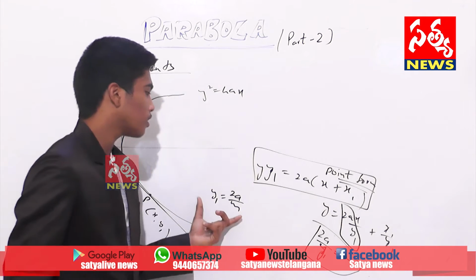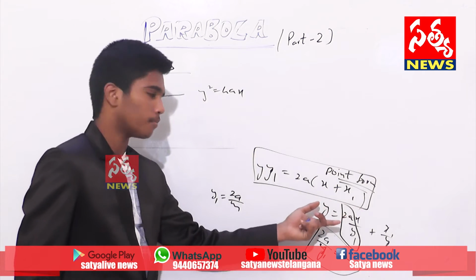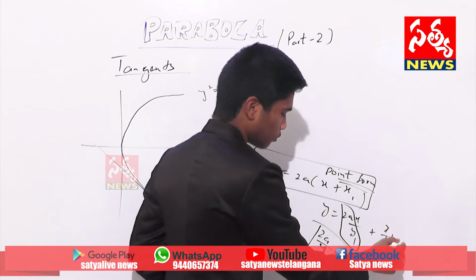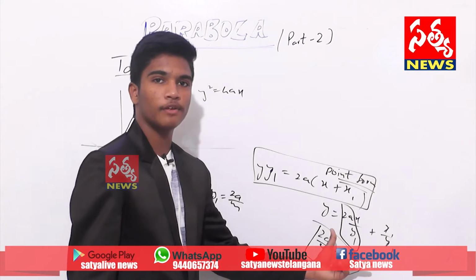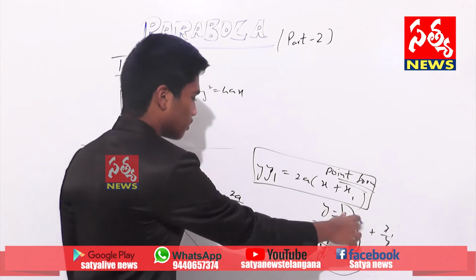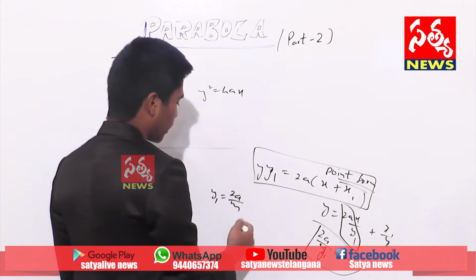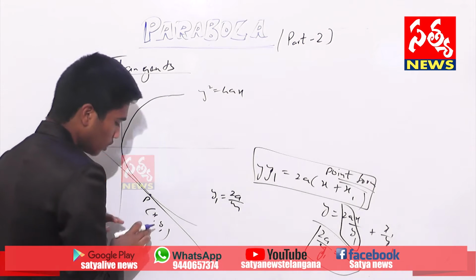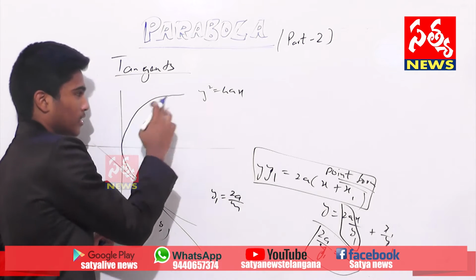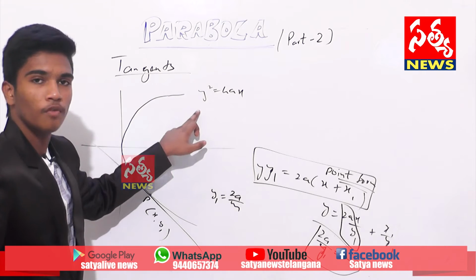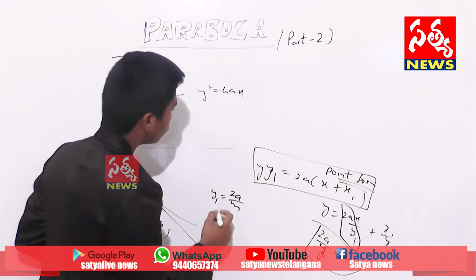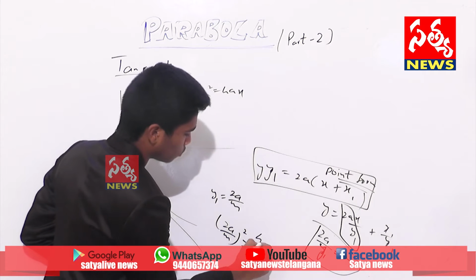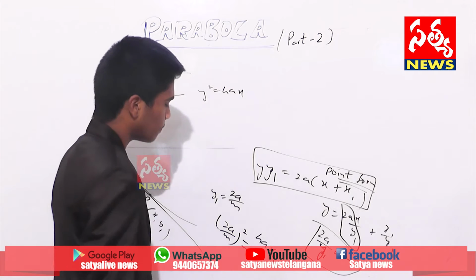Now I am deriving the slope form from the point form. From here only, right, we got y equals 2a x by y1 plus x1 by y1, which is in the form of y equals mx plus c, and here the value of m is 2a by y1, so y1 is 2a by m. Now as this point is on the curve, we can put the value of y1 in the equation. So y1 square, which is 2a by m whole square, equals 4a into x1.